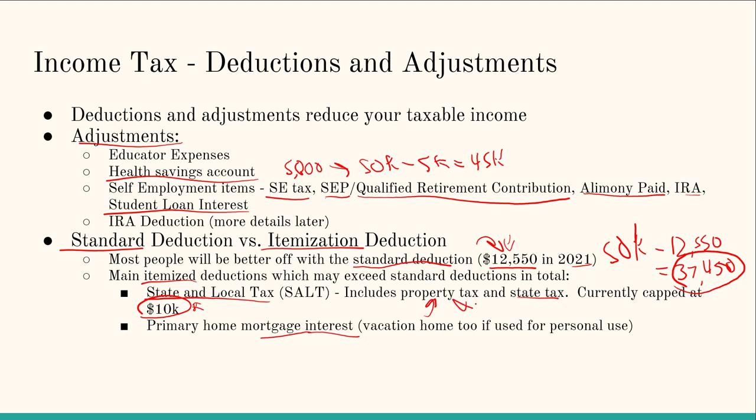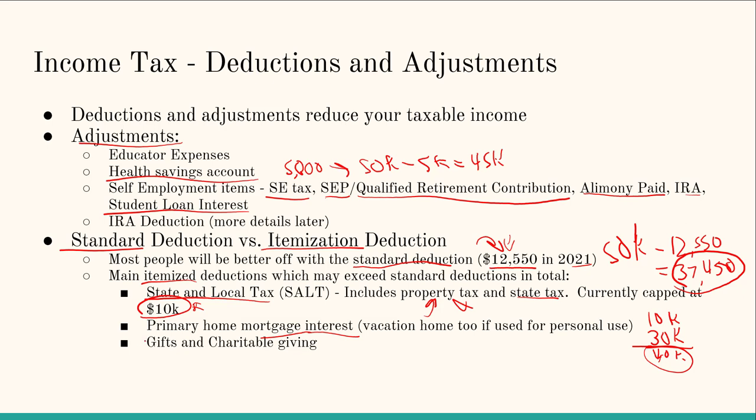Let's say you capped out at 10K on this, and let's say you pay 30,000 in mortgage interest per year. You're already at 40K for your itemized deduction, so you've already exceeded the standard deduction. A lot of California homeowners face this. You're already way better off itemizing, which is why people do it.